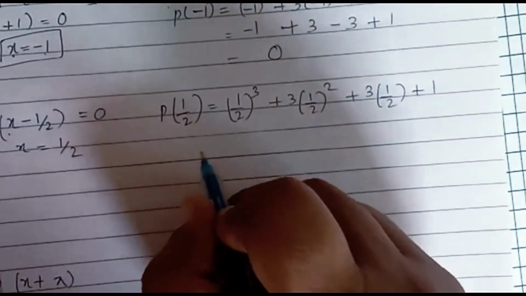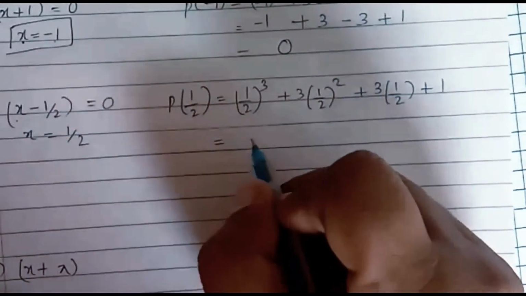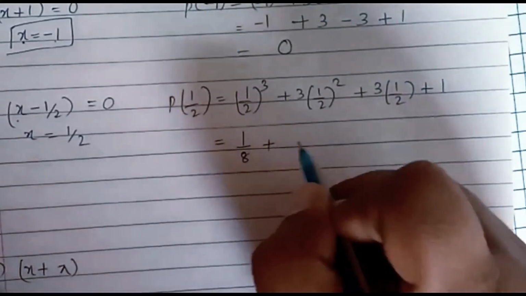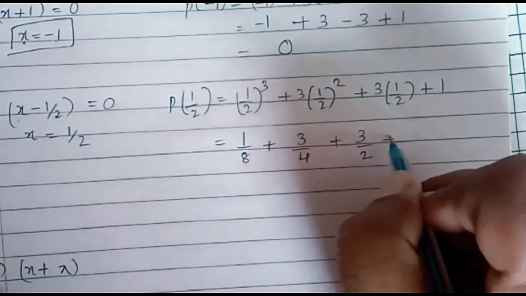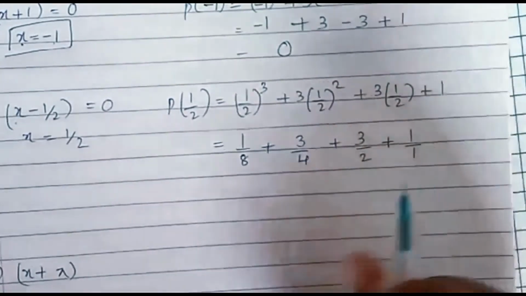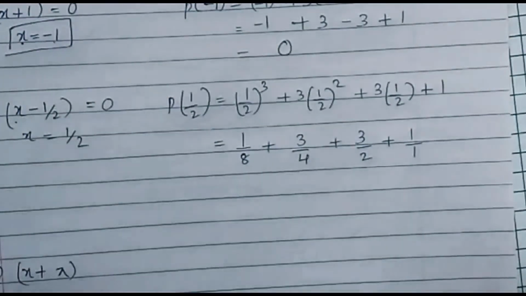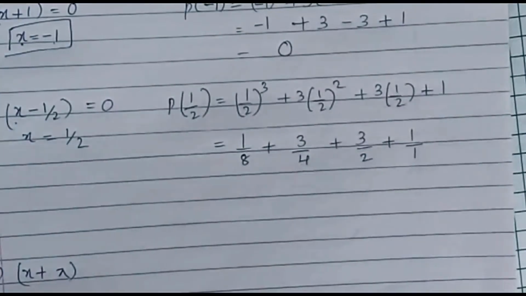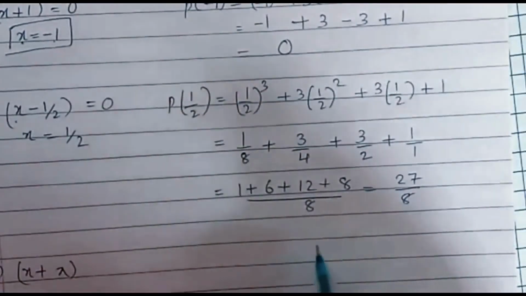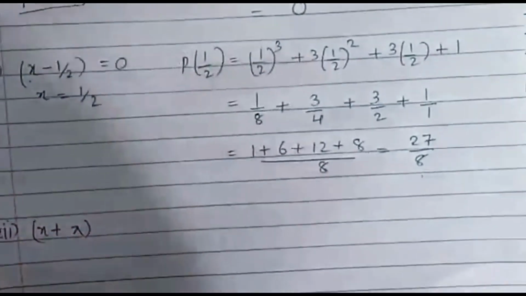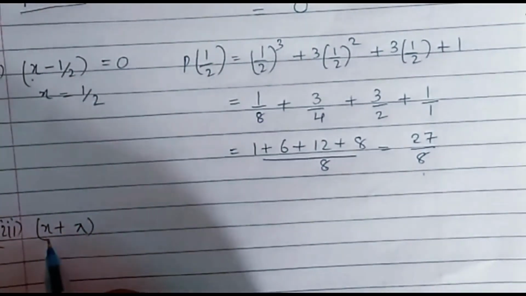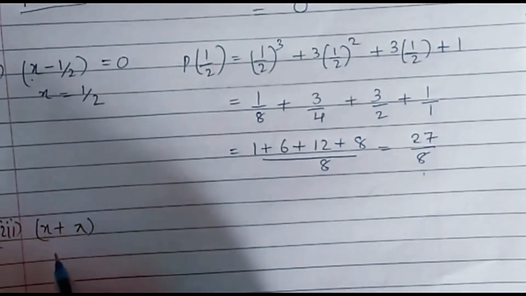The first term 1 by 2 the whole cube will be written as 1 upon 8, plus 3 by 4, plus 3 by 2, plus 1. As you can see, we have different denominators. The LCM will be 8. So after taking the LCM, we get the final answer to be 27 by 8. Let us now divide the given polynomial by x plus pi.